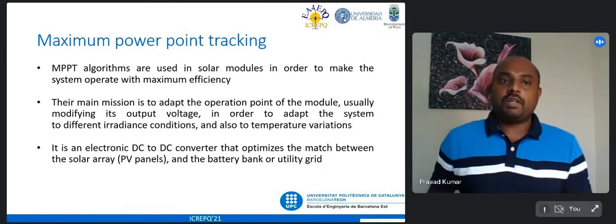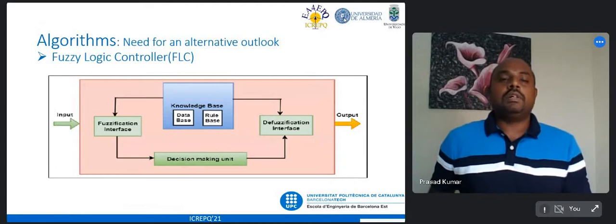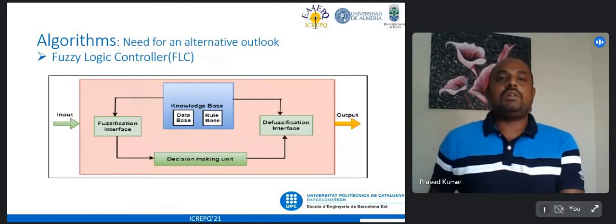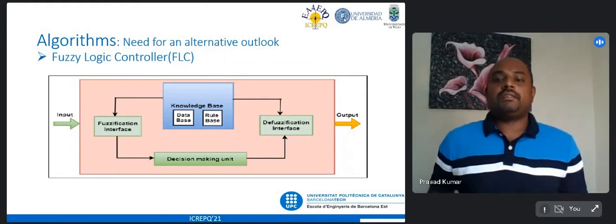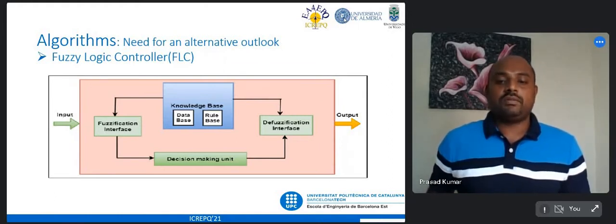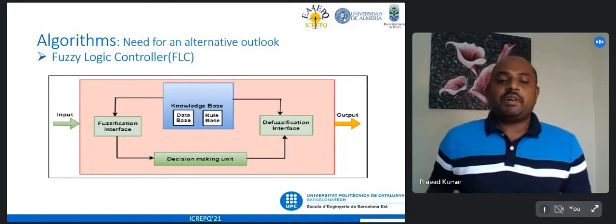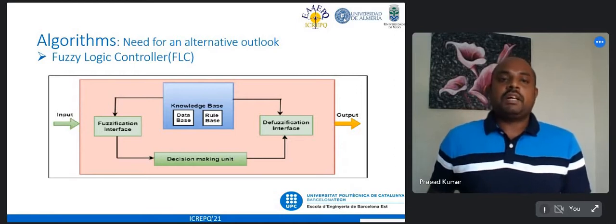So let's move on to the algorithms which I have used for the hybrid technology. One is fuzzy logic control. A fuzzy logic controller is model dependent and related to binary values. It generally has three parts: fuzzification, rule base, and defuzzification.